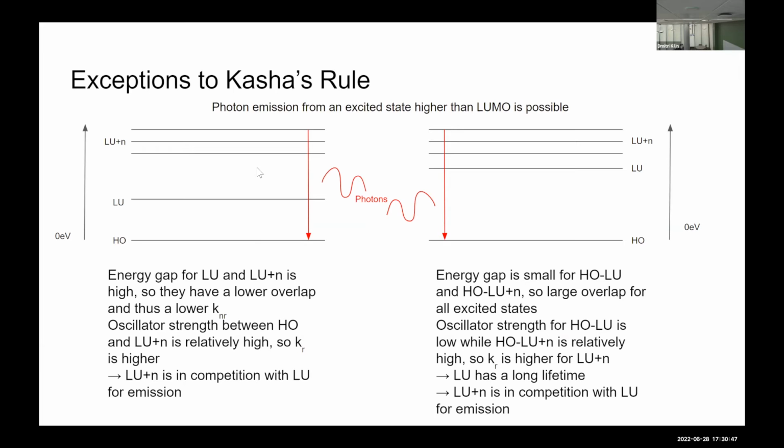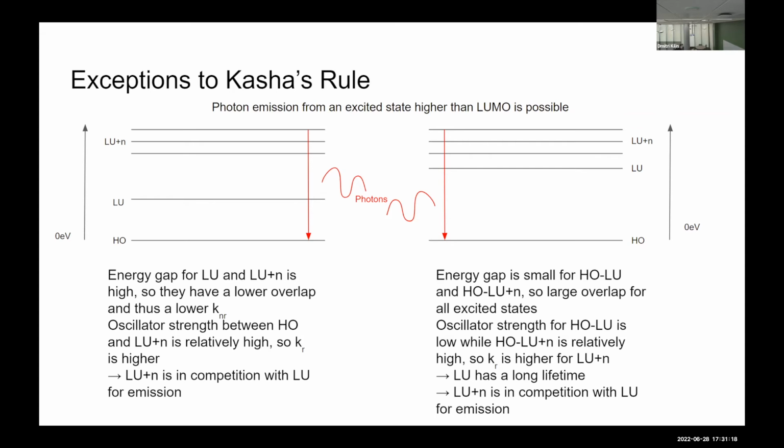For example, if you have a bunch of highly excited states even further above LUMO, they'll have a low overlap between LUMO and those higher excited states. So those electrons won't get a chance to fall down to LUMO. Instead, they might fall all the way down from a high excited state to HOMO and release a photon that way.